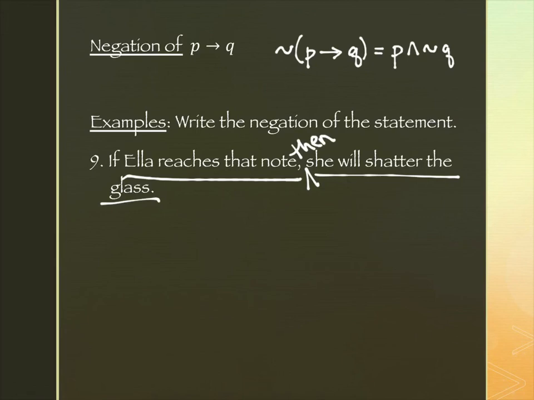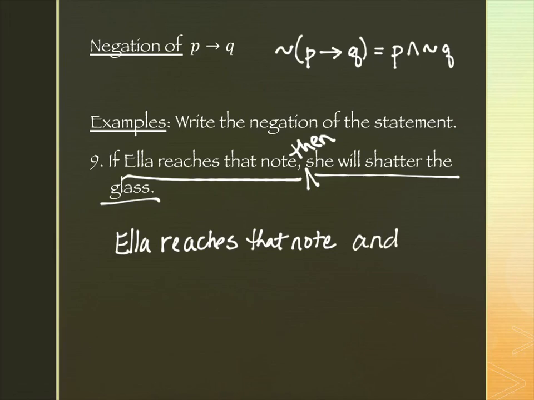So when I do the negation, I keep the first part the same for an implication. I just don't use the word if. It's just going to use the statement: Ella reaches that note. And then the if-then turns into the word and. And then I negate the second statement. She will not, or she did not, depending on your present, past tense kind of stuff.